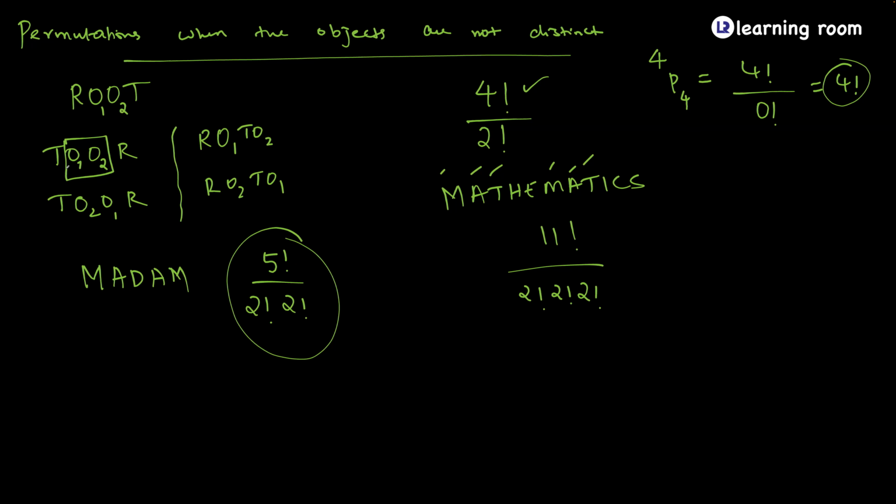Since the 2 factorial is going to give you the same result, you are dividing by it so that the final result does not have any repetition. And then put 3 factorial. Whichever letter is getting repeated, the number of times it is repeated should be put in the denominator. Okay, are you able to understand? So just make a note of this.